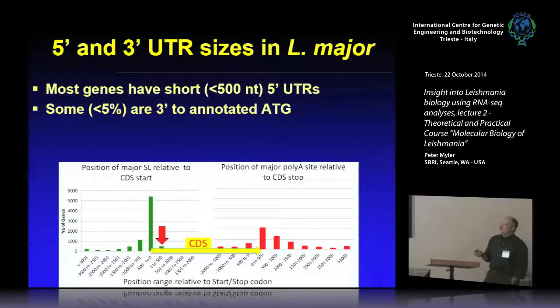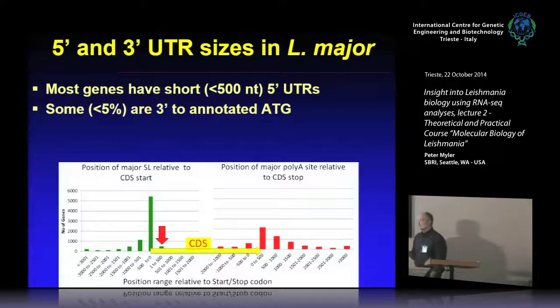About 5% of the time, the major splice leader site was actually downstream of the ATG. As we'll see in a moment, that's almost certainly because we got the open reading frame wrong.